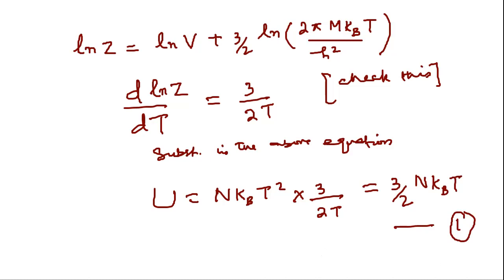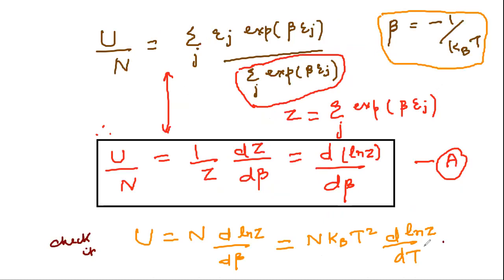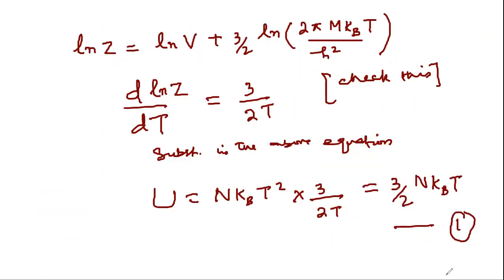So we have found, we used d by dt of ln z in this expression. So this is my equation 1. So we have found the internal energy of a Maxwell-Boltzmann gas, which is the same as the ideal gas. So let me encircle it in the red color.